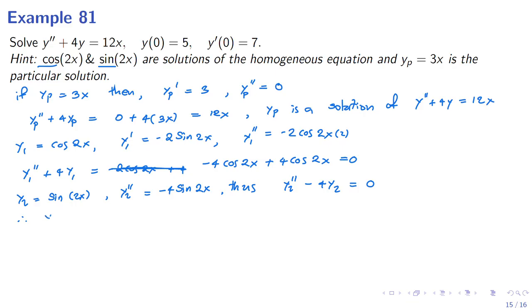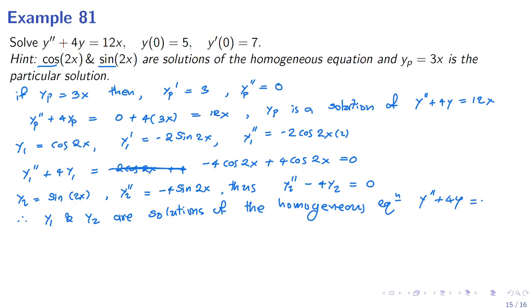Therefore, we can say y1 and y2 are solutions of the homogeneous equation, which is y double prime plus 4y equals 0.